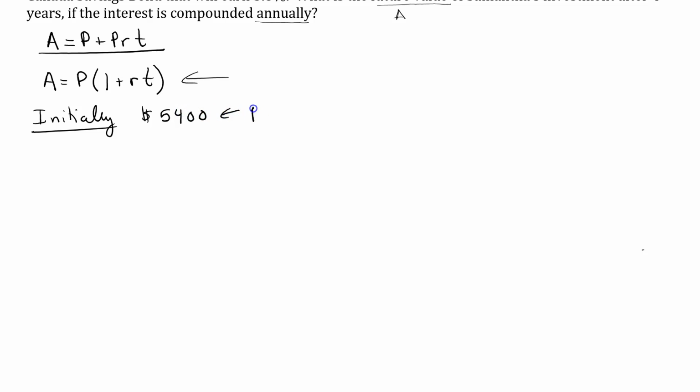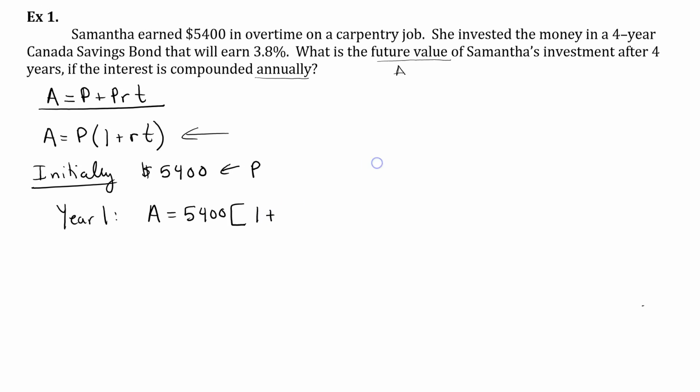So this is going to be our P. So after year 1, we have the future value here equals P, but we're not going to write P, we're going to write 5,400 times 1 plus R, which is 3.8%, which is 0.038 in decimal form, times T. We're just going to figure out after 1 year, after the first payout.